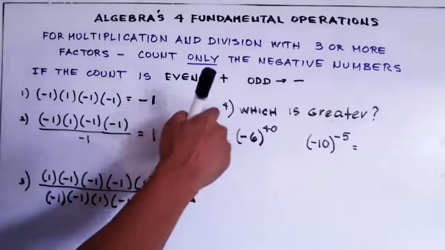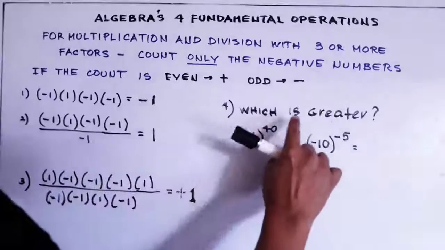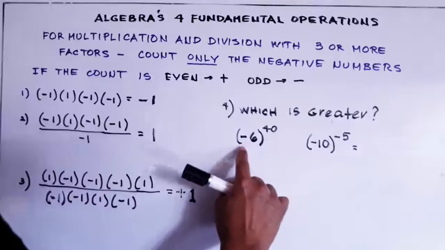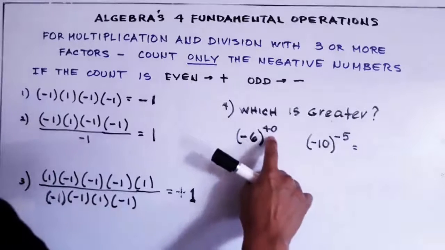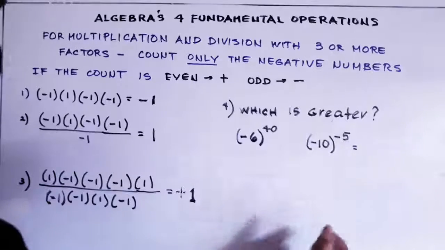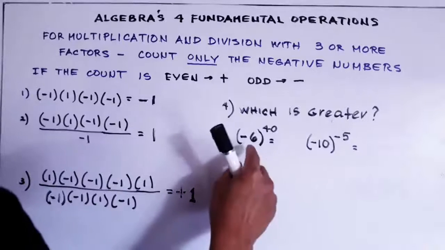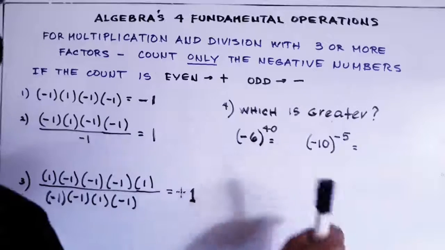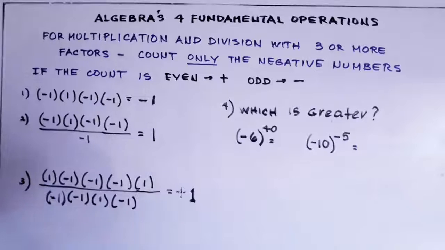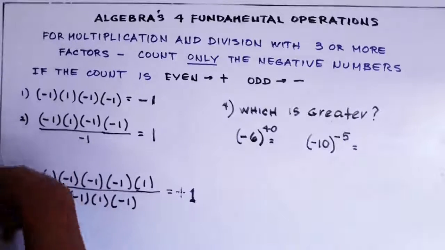Okay. Application number 4, the sample number 4. Which is greater here: negative 6 raised to the 40th exponent or negative 10 raised to the 5th? We don't care about the number here, but we care about the sign. Because if that is a positive number, that is bigger than all the negative numbers.